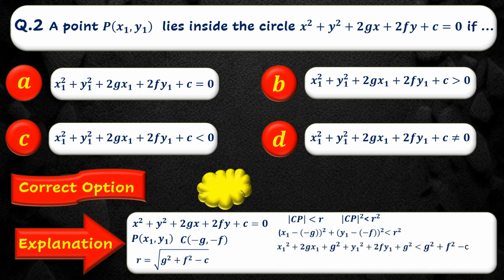After simplifying, we get x1 square plus 2gx1 plus g square plus y1 square plus 2fy1 plus f square is less than g square plus f square minus c. Now cancel out g square and f square and we get x1 square plus y1 square plus 2gx1 plus 2fy1 plus c is less than 0. So the correct option is option C.